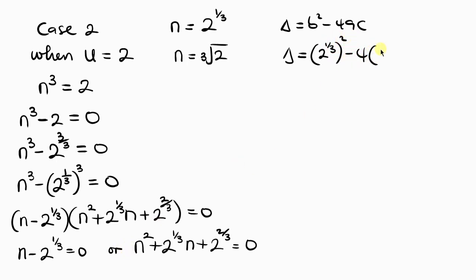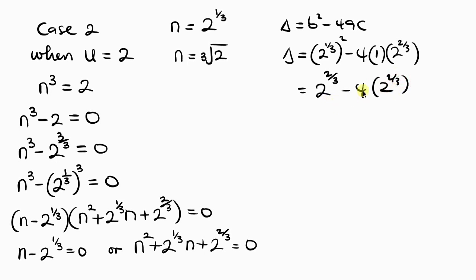The coefficient is 1, so we have 1. And c is 2 to the power of 2 over 3. So we see that this will result to 2 to the power of 1 over 3 times 2, power multiply, we have 2 over 3 minus 4 times 2 to the power of 2 over 3.